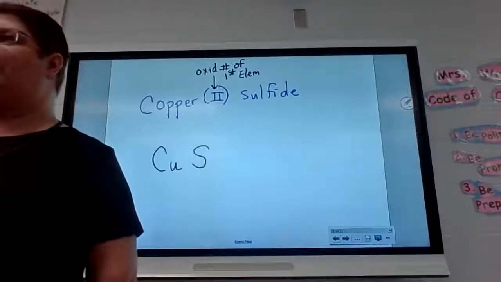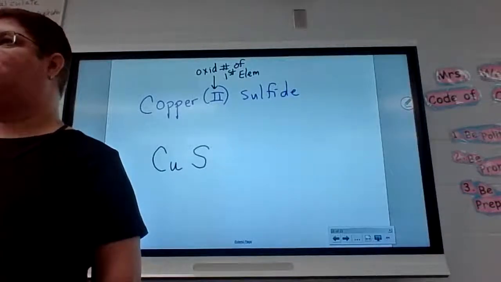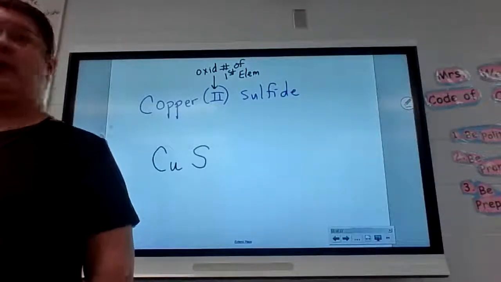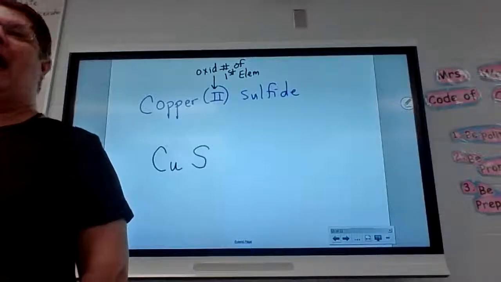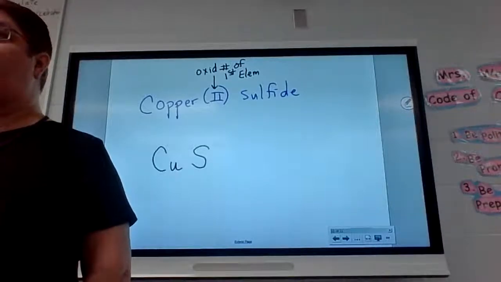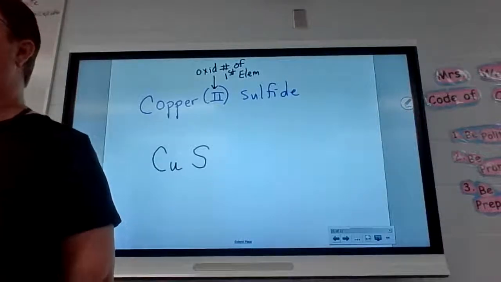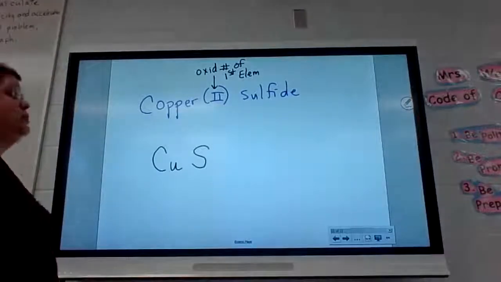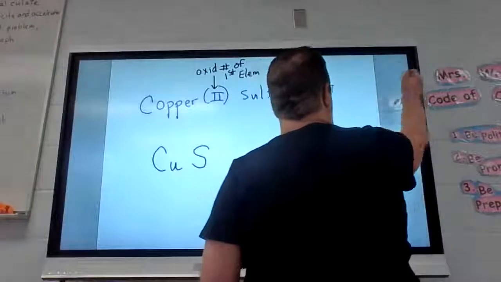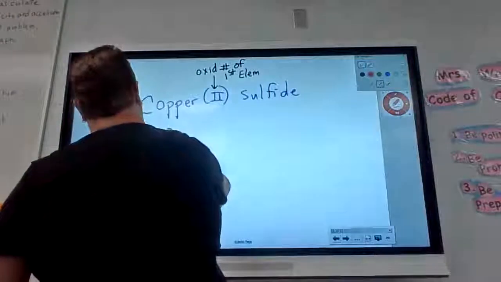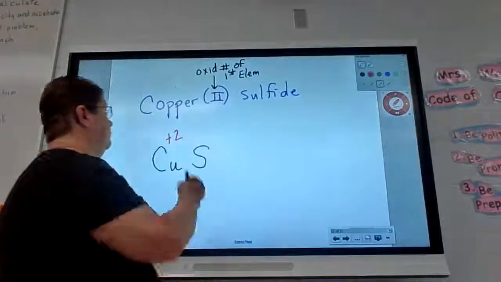We don't know which positive one to pick because it's got more than one listed there, right? So I have to tell you which one to use. I'm telling you to use which one? 2. I'm telling you to use the +2. Okay? I'm saying +2. Right there.